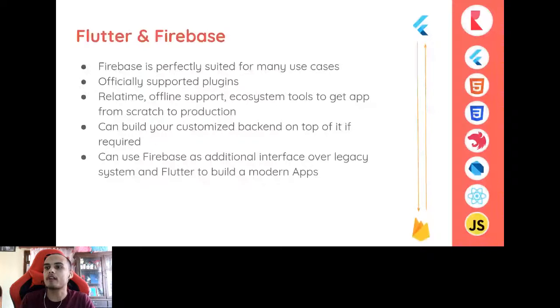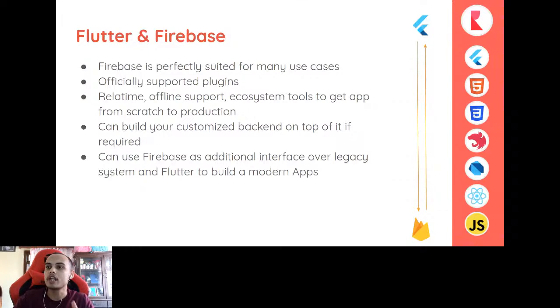If it is required for our application, we can use Firebase as an additional interface. Sometimes in a large organization, you already have a legacy system, a large database that you are already using, but that does not support modern tools like the latest real-time support for your customers.